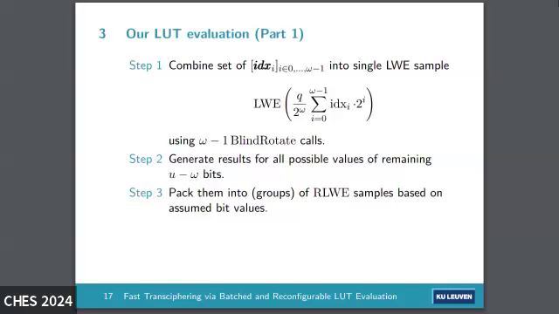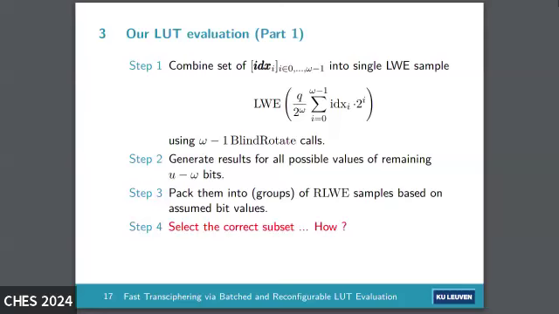So what we do is we just go over every possible value for these remaining bits. And since this is something I sketched on the previous slide, we can just keep on multiplying by polynomials. We can evaluate every possible case. Okay? But then we can pack them into ring LWE samples based on these bit values we assumed. But kind of the question now is, we still need to select the correct ones.